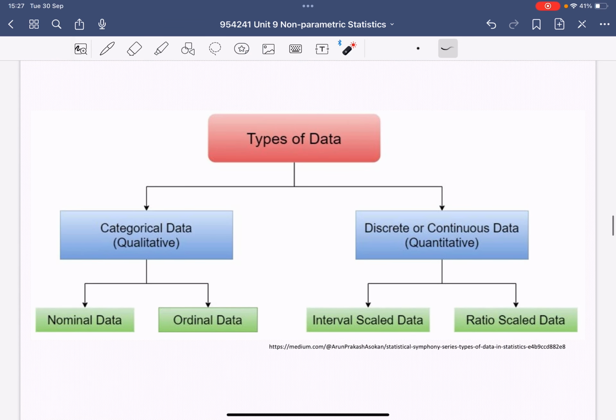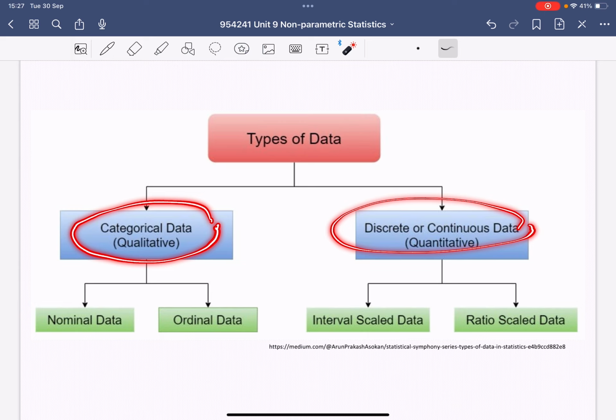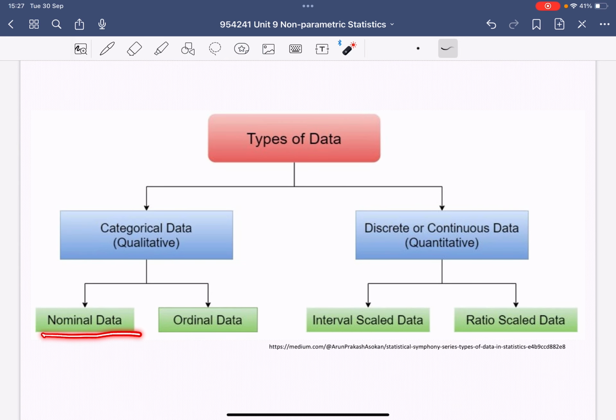See, this is a chart. For type of data, you have qualitative and quantitative. For qualitative, we have nominal data that cannot be ranked, and ordinal data that you can rank. And for quantitative, we have interval and ratio.